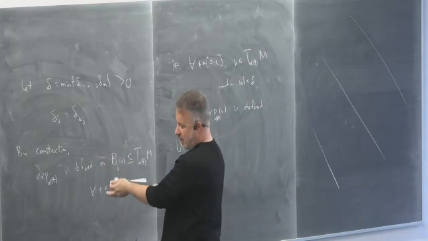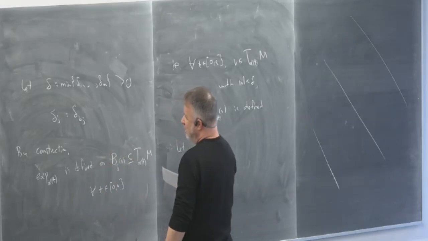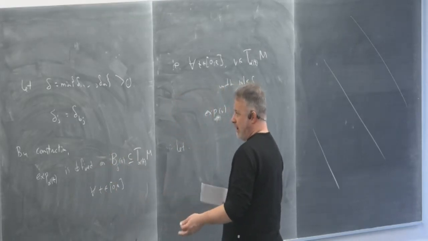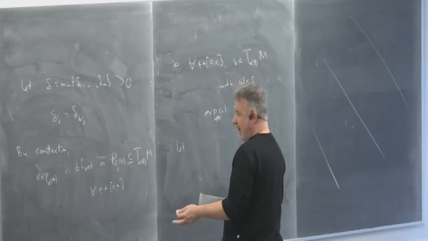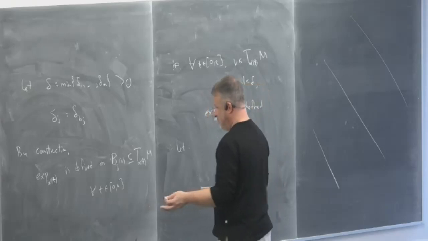I introduced a metric to prove it, and then the result is independent of the metric, so it doesn't matter which metric you took. There may be a way to prove this proposition without using a metric. This proof uses a metric, but because the statement is independent of any metric, it doesn't matter which metric I chose. There's possibly a metric-independent proof, but that's not what I'm going to do here.